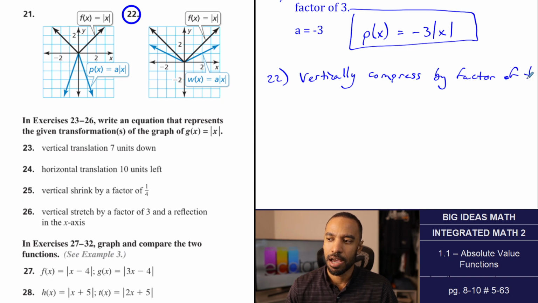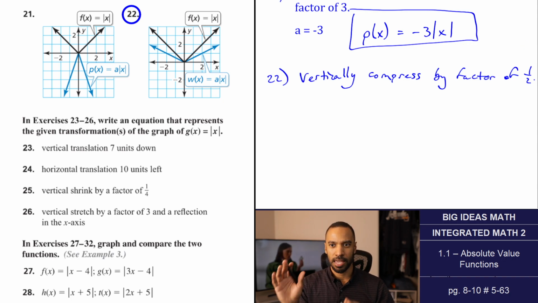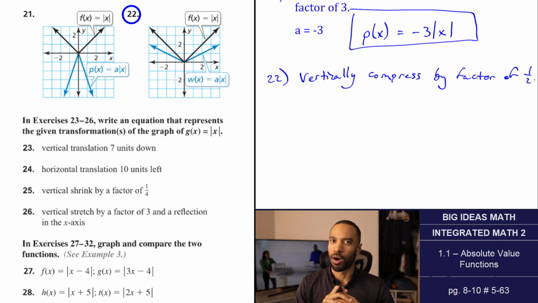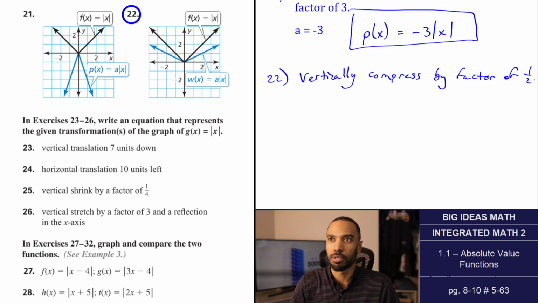Now, there is an argument to be made, and I don't know which way the book does it. I assume they do it just like this. You might know in division, if I divide by 1 half, that's not the same thing as dividing by 2. Dividing by 1 half actually means multiplying by 2. So there's an argument to be made that when I say compress and then I say 1 half, that's kind of like dividing by 1 half.